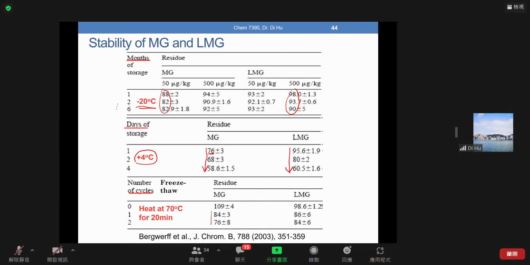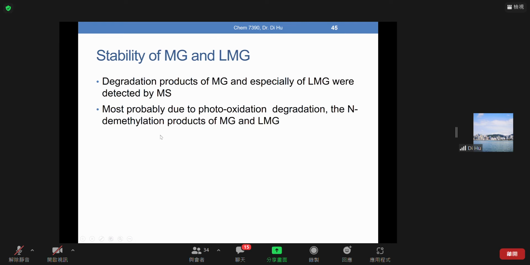Okay. And also they tested degradation because of photodegradation. Both of them have been detected, because of the nitrogen demethylation products.